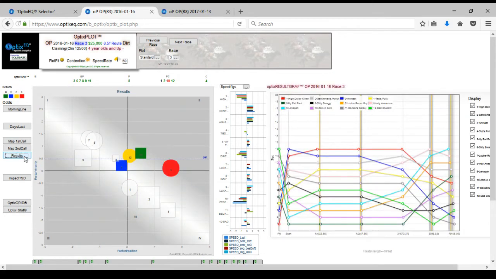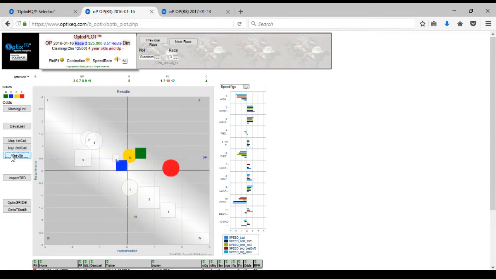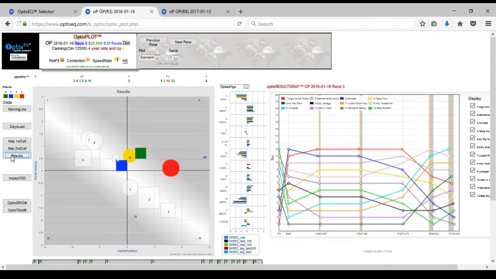We'll highlight in green the winner, blue second place finisher, yellow is show, third, and fourth red. So what I'm looking for is, taking into consideration the plot just as it is, what this race would set up for, and looking at the results and how it played out.